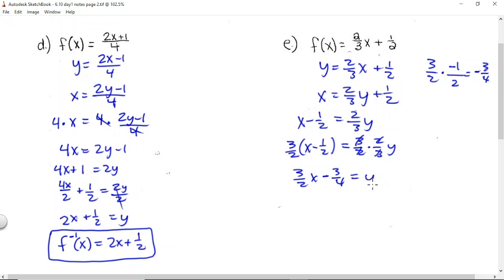And we just have y on the left. So that is our inverse. And we will write f to the negative 1 of x equals 3/2 x minus 3/4.